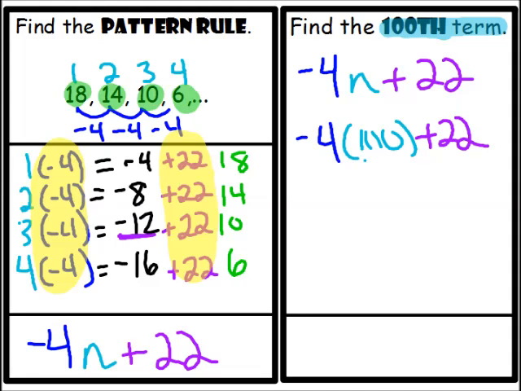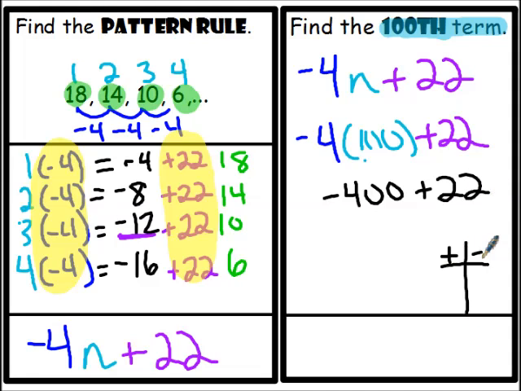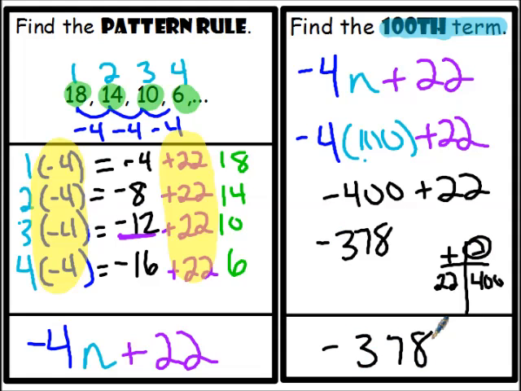Negative 4 times 100 would give us negative 400. And then when we add 22, we have 400 on the negative side, 22 on the positive side. And what is the difference? 400 minus 22 would give us 378. And we have more negative, so that will be negative 378 would be the 100th term in the sequence.